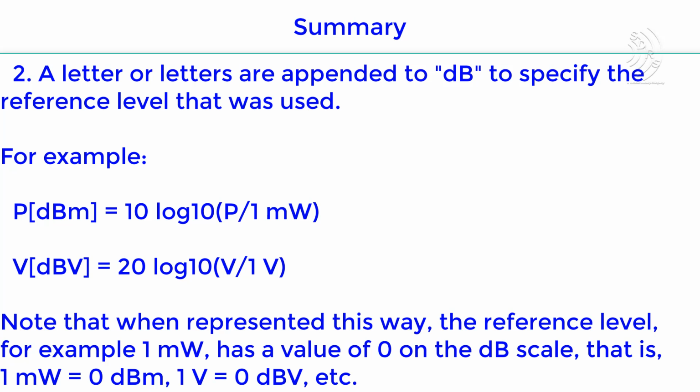For example, power in dBm is equal to 10 times log base 10 of the power to be represented divided by 1 milliwatt, and V in dBV, or decibels relative to 1 volt, is 20 log 10 of the voltage to be represented divided by 1 volt.